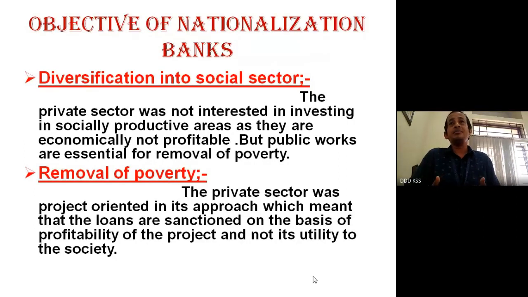When commercial banks were nationalized, poverty used to exist at that time also, and there was an aim and objective to remove poverty, and with this objective commercial banks were nationalized.